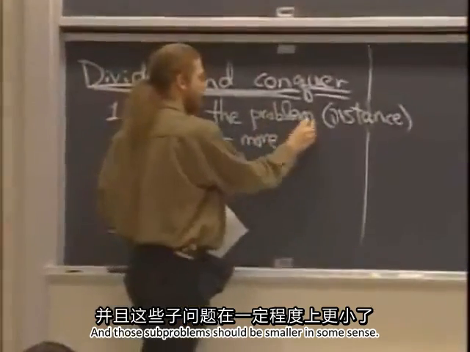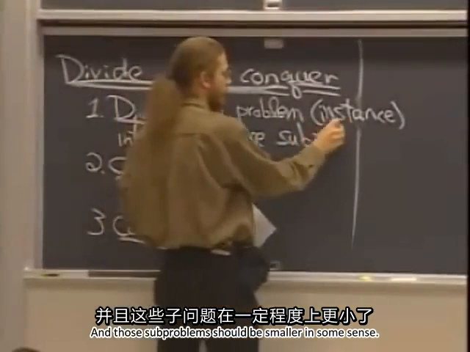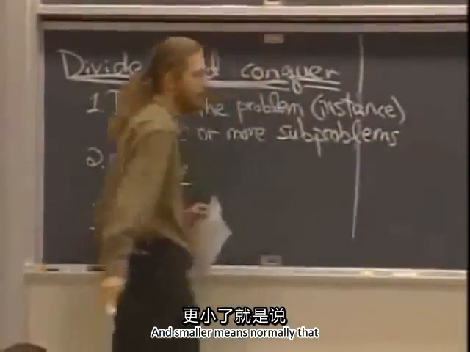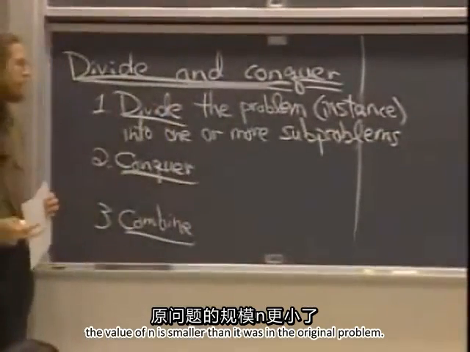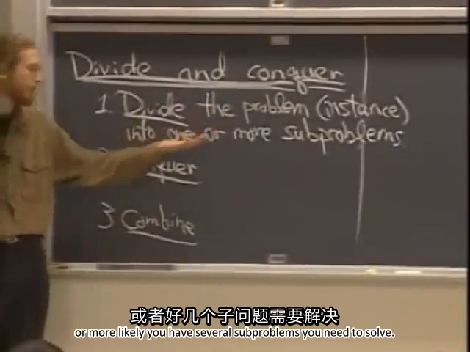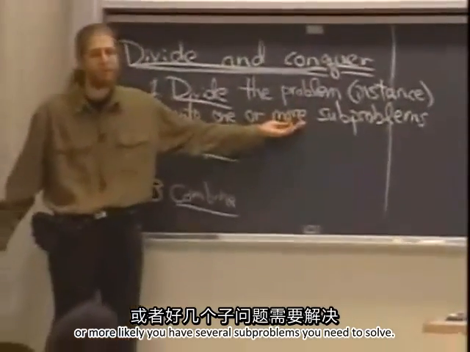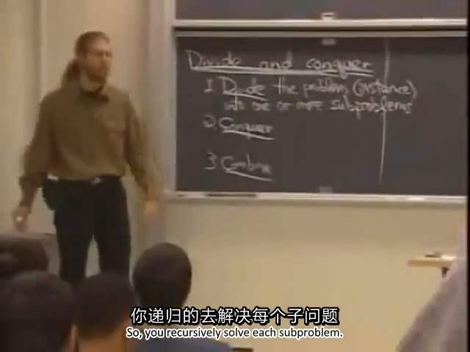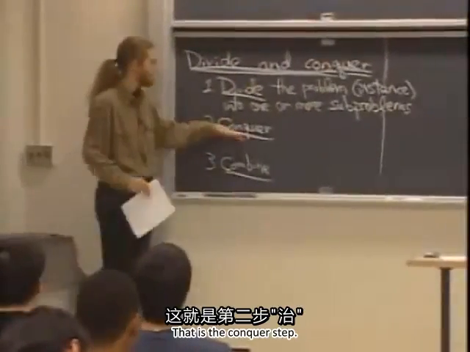And those subproblems should be smaller in some sense. And smaller means normally that the value of n is smaller than it was in your original problem. So you've made some progress. Now you have one or, more likely, several subproblems you need to solve. Each of them is smaller, so you recursively solve each subproblem. That's the conquer step.